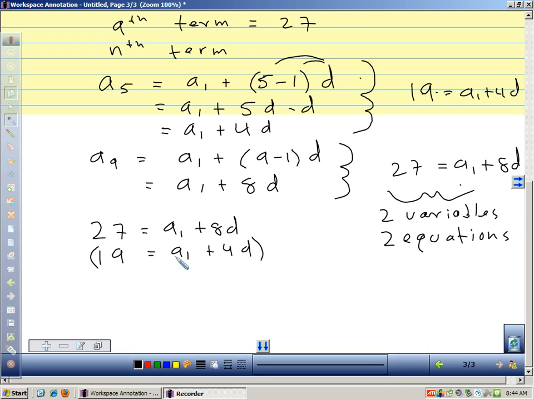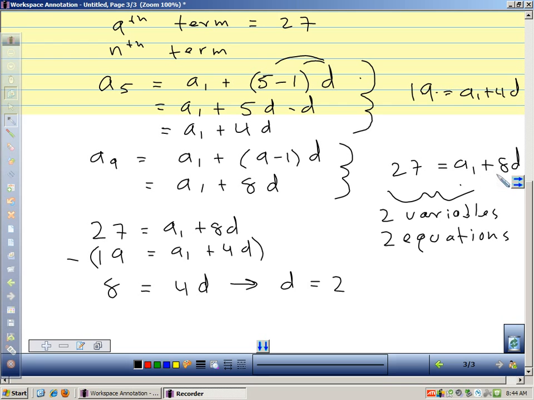I'm going to subtract the bottom one from the top one. 27 minus 19 is 8. a1 minus a1 is 0, and 8d minus 4d is 4d. So 8 equals 4d. This tells me that d equals 2.